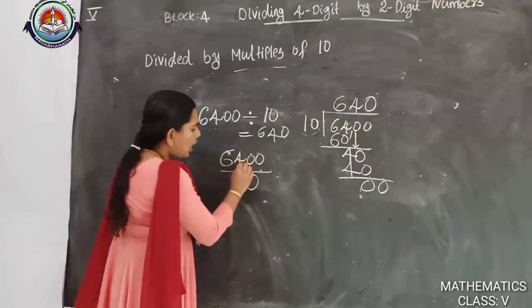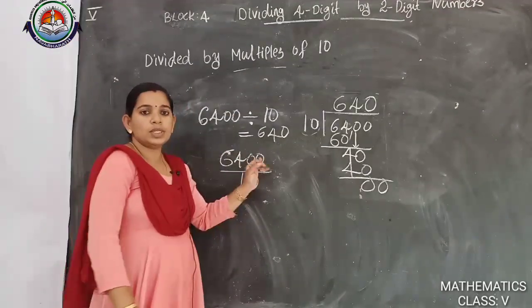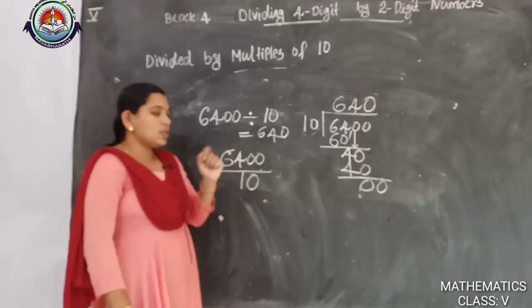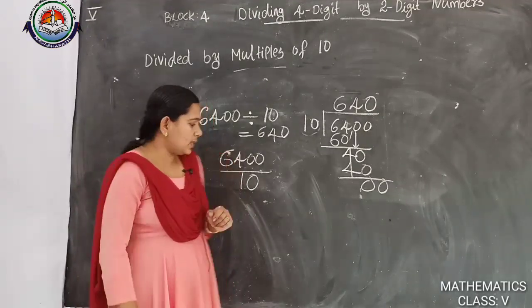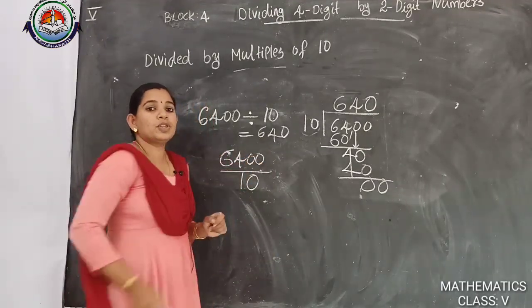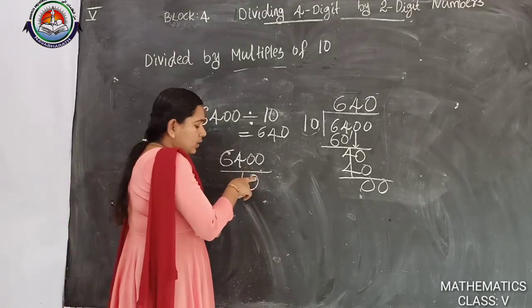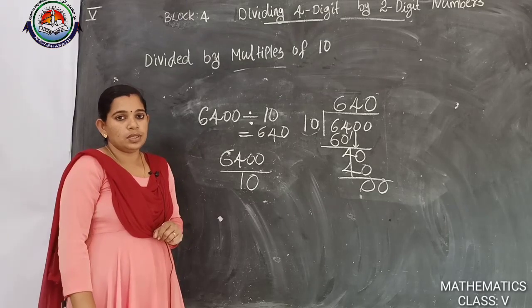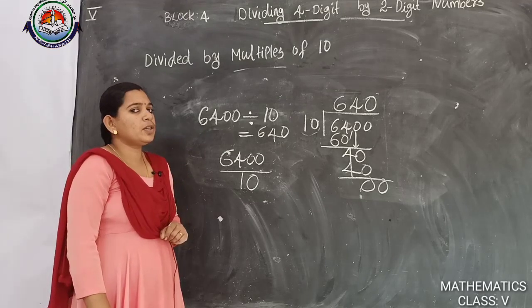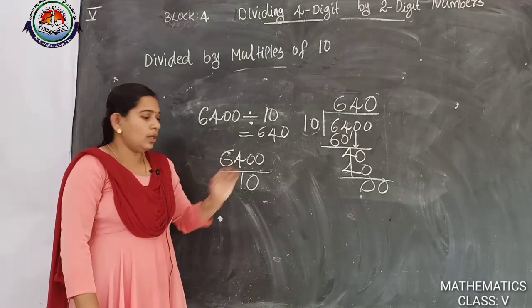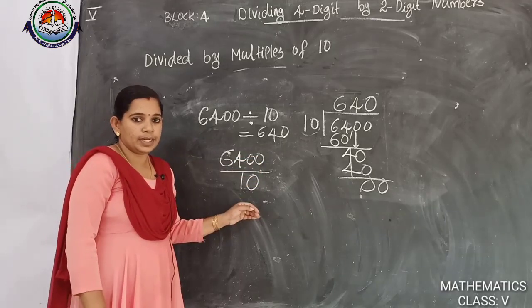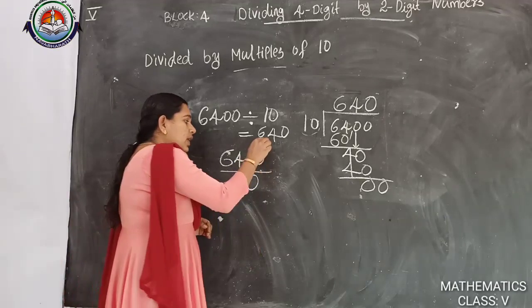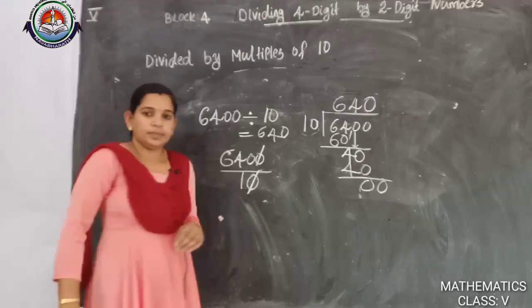Here look, after the number zeros are there. Down also there is a 0. Then you cut an equal number of zeros. Here only 1 zero is in the denominator and the numerator has 2 zeros. So the minimum number of zeros is 1 in both numerator and denominator. So that 1 zero we will cut.